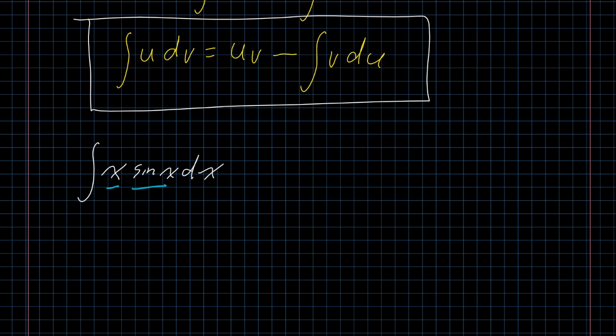I need to choose one of those functions to be u, and then the other one, and whatever else is left, will be dv. How to choose which one, I'm going to talk about in quite a bit of detail later on in this video. But for right now, I ask you to just accept that we're going to let u equal x, and then dv will be the rest of it, sine x dx.